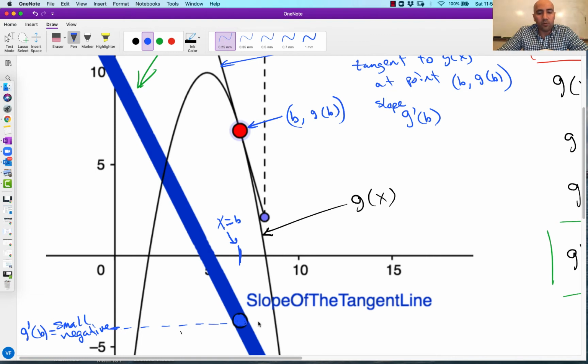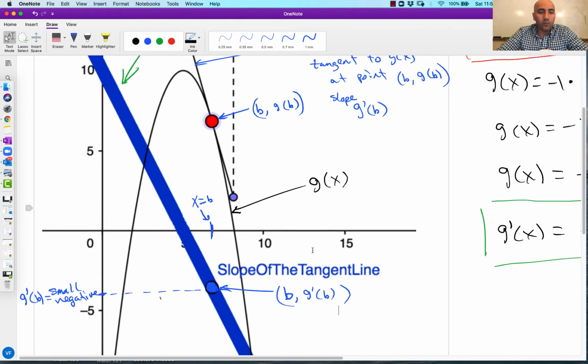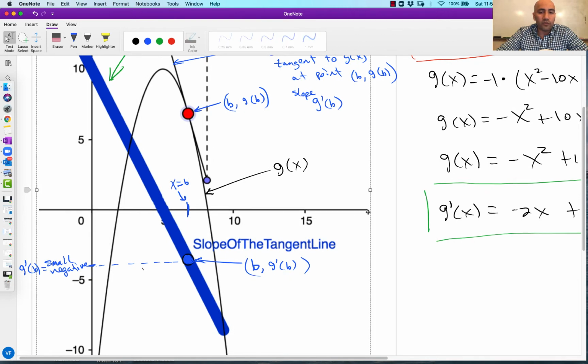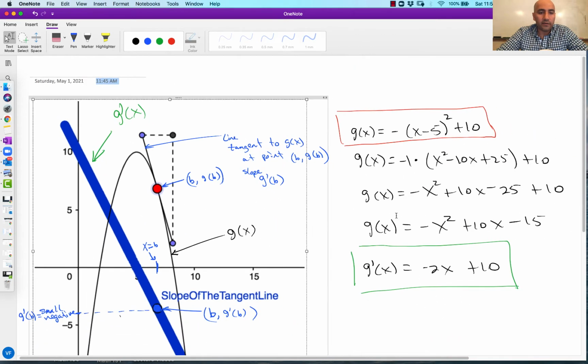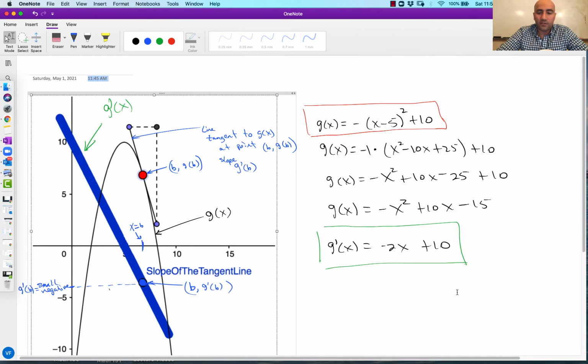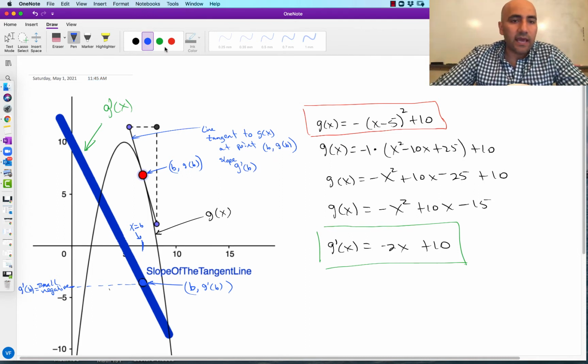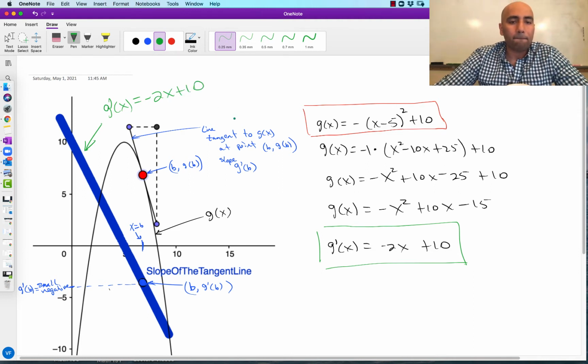So this point on my graph is going to be the point b comma g prime of b. So this is the graph of the first derivative function. It wasn't a very difficult equation, so we can easily calculate it, and the derivative is going to be negative 2x plus 10.